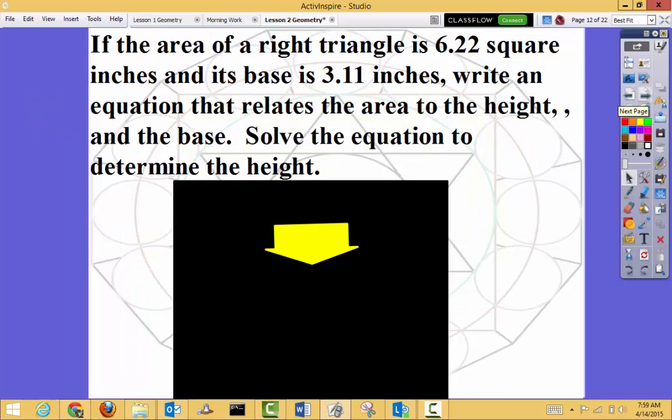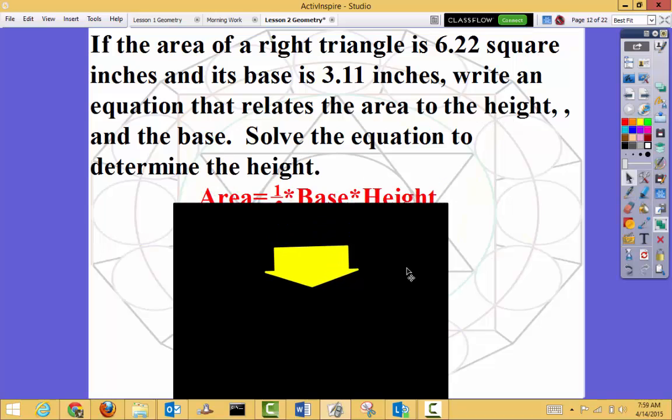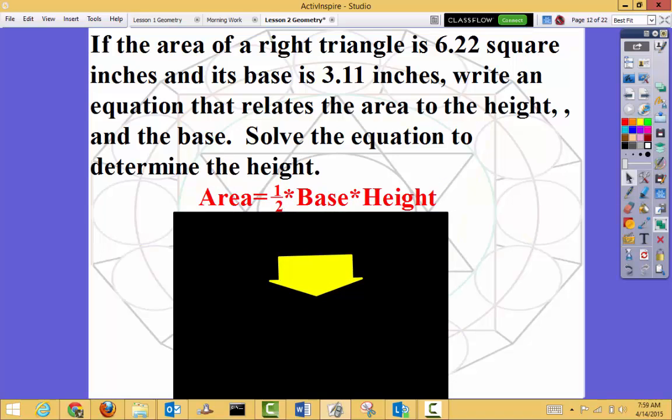Okay, your last one is, if the area of a right triangle is 6.22 square inches, and its base is 3.11 inches, write an equation that shows how the area is related to the height and the base. Solve the equation to determine the height. Well, my area formula is this. Area equals 1/2 times base times height.